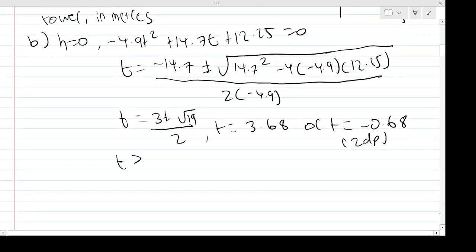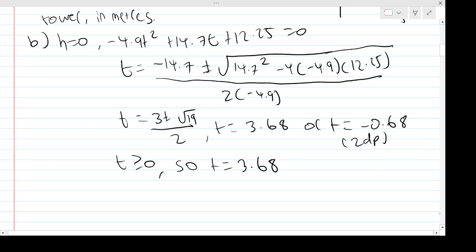So t is greater than or equal to 0, so t cannot be negative. So t is 3.68. And that's the only solution. And usually, again, that's what you kind of want to do in these sort of questions. You might get multiple answers, but you're going to need to rule one of them out. And usually it's because time cannot be negative, so therefore we have to reject this solution and only accept this one.